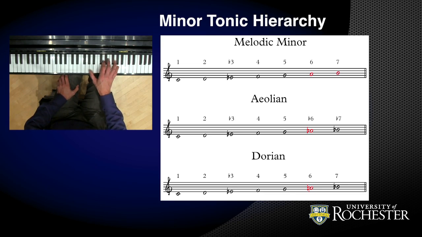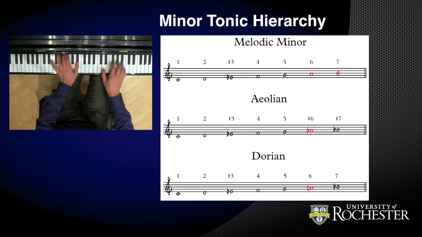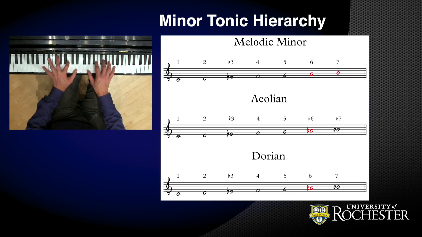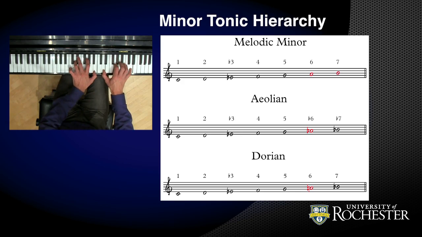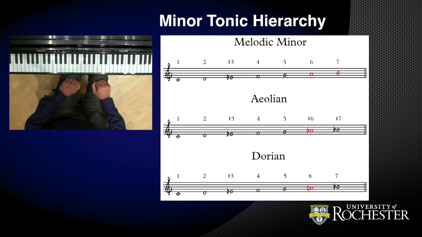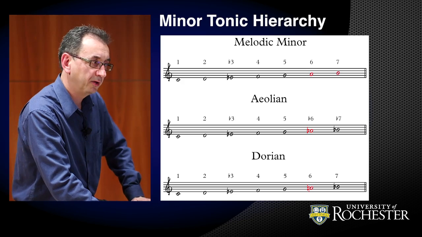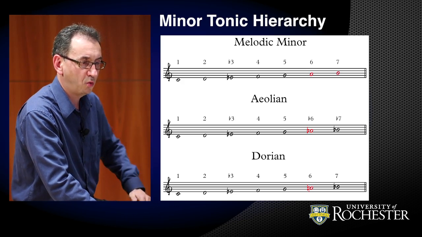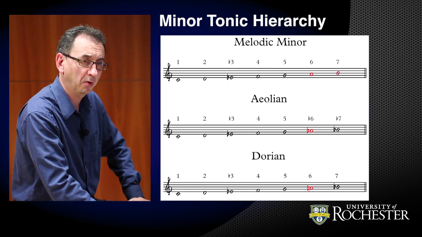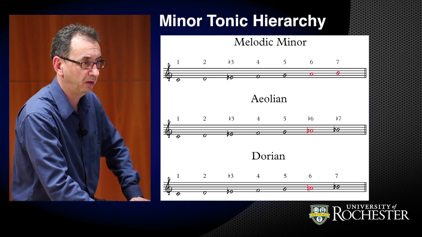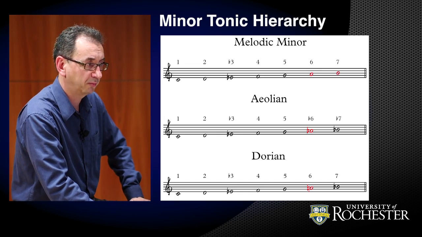So the difference between Aeolian and Dorian is as follows. That's the sound of the Aeolian mode, and that's the sound of the Dorian mode. And that's the sound of the melodic minor. A bit more chromatic. So again, the reason why we have 3 modes, we can select from these modes during improvisation and while rendering harmonic progressions.